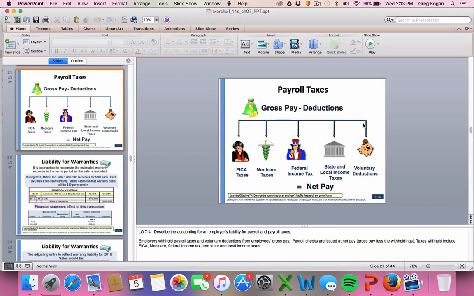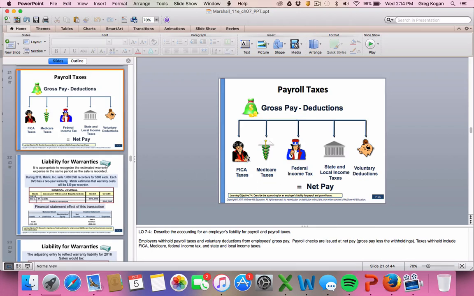The other major liability that we talk about is payroll taxes, which comes up when you have your own business. Mostly we're talking about the deductions that people have in their payroll: FICA, Medicare. I think the FICA includes Social Security.